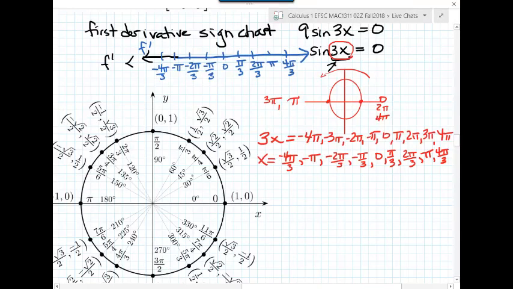All right, so now we want to find the intervals on which this is increasing or decreasing. So I'm trying to think if there's a faster way to do this. Let's see. Let's grab the unit circle.